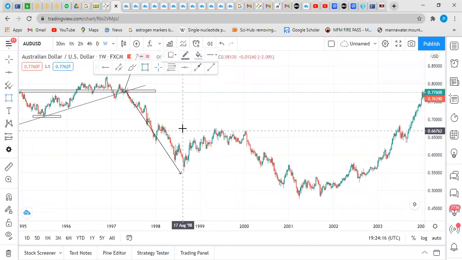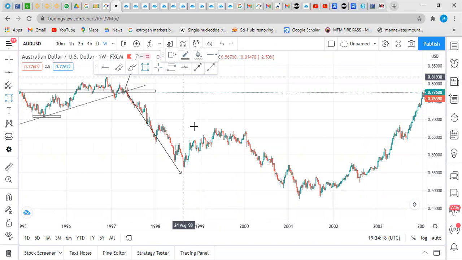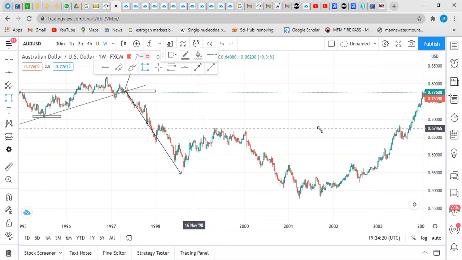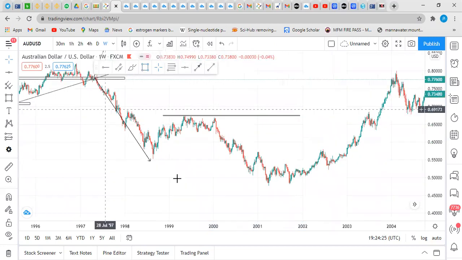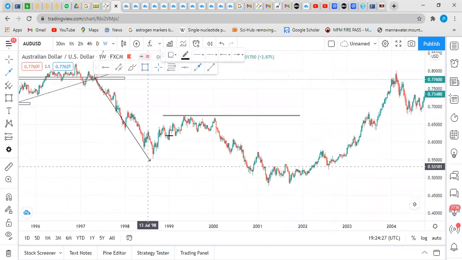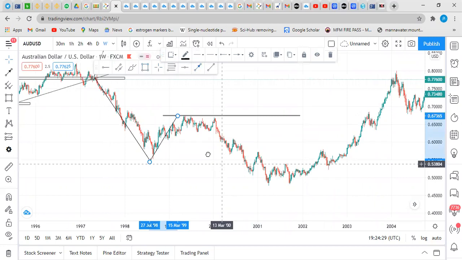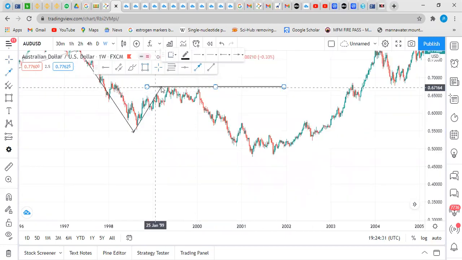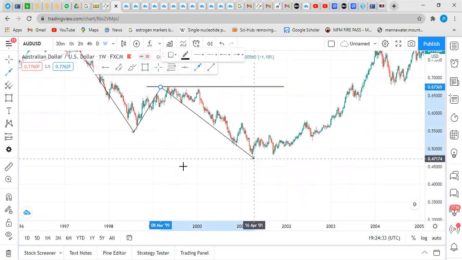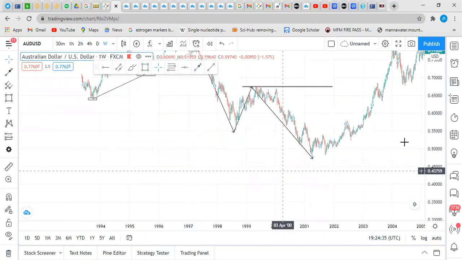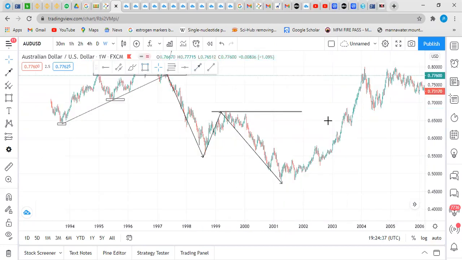So price moved all the way up to this level. So this was a new high after the big drawdown. We had a retracement up to this point, and price moved down up to this point.